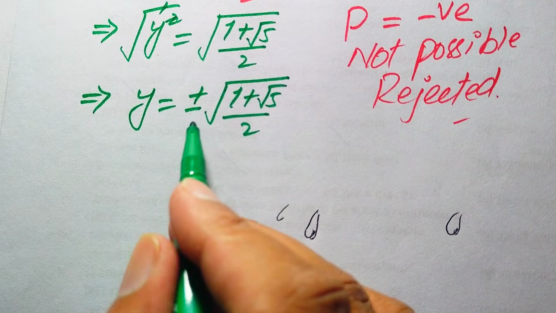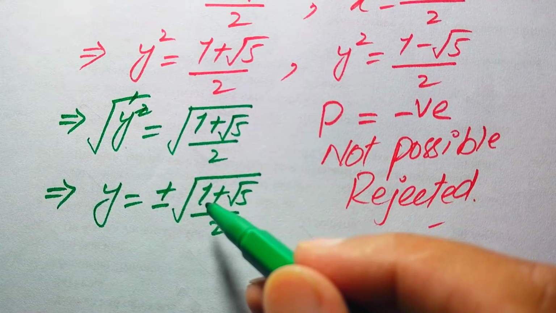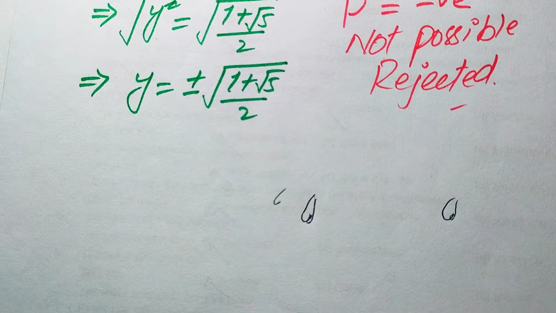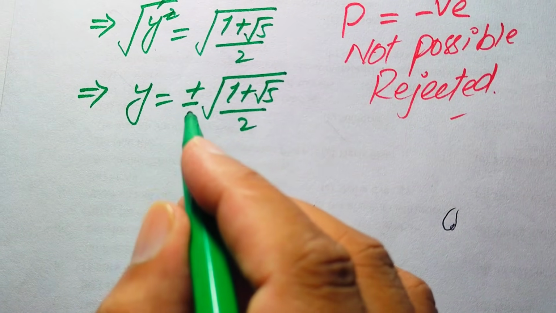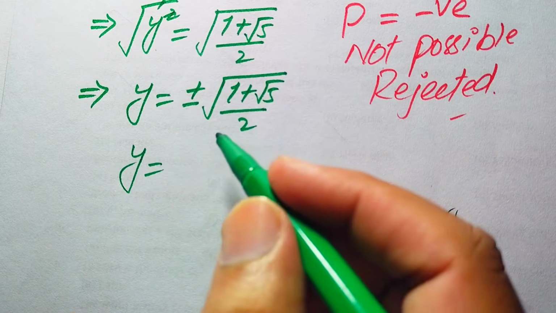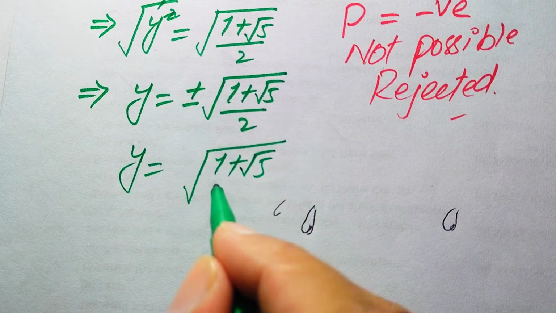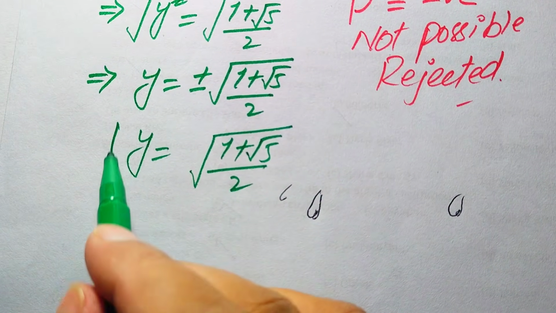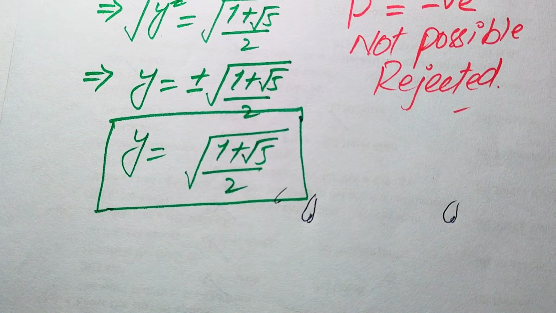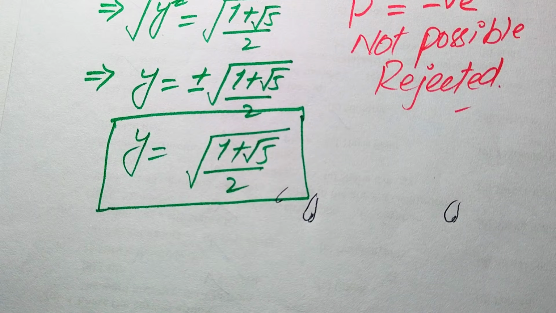Here again you see that if we choose the negative value, this means that a side length or the base becomes negative, which is not possible for any side length of the given triangle, so we neglect the negative value and choose the positive value, which is 1 plus square root of 5 divided by 2. So this is the only value of y which we get from this method, and this is the final answer of this question.